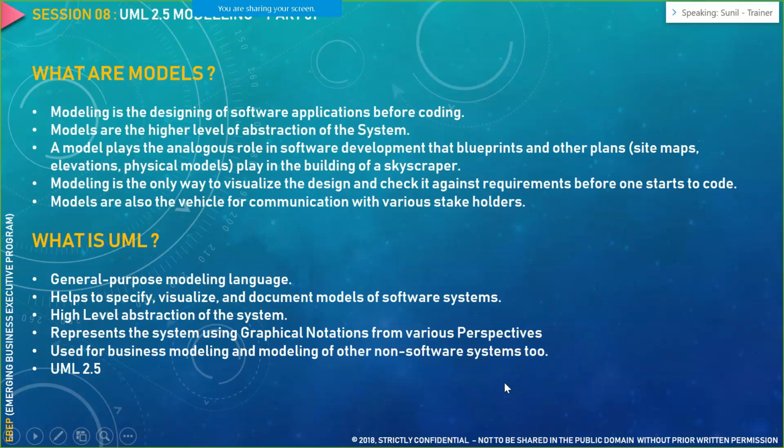UML is not something that only IT projects use. UML can be used by any industry, in any domain, say retail and manufacturing, or oil and gas. Any domain can use UML. There is no such restriction that only IT projects would be using UML or use cases.